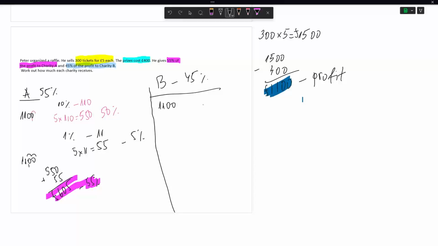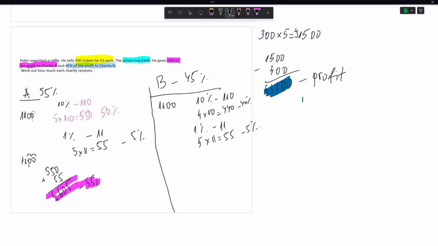So we need to multiply 110 by 4. So we have 4 times 110, which is going to be 440. So this is our 40%. And then we found 1%, which is 11. And we multiply by 5. So we can find our 5%, which is 55.